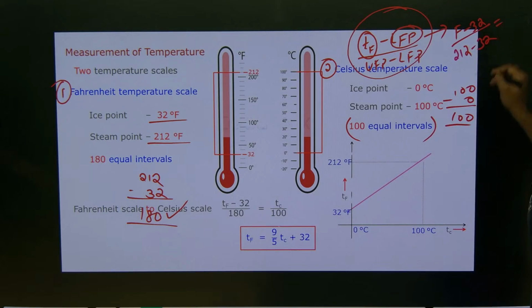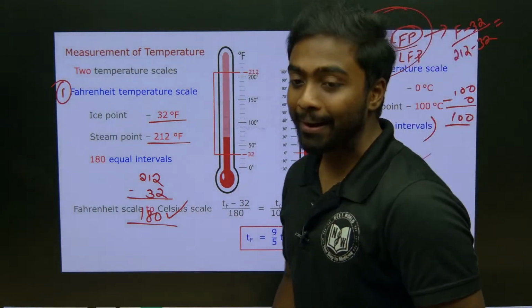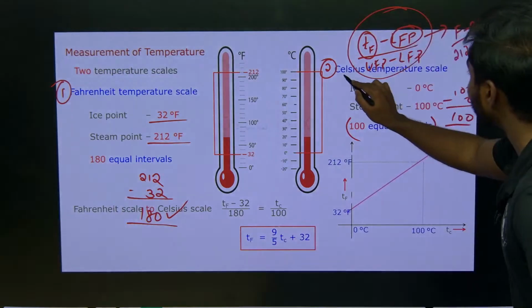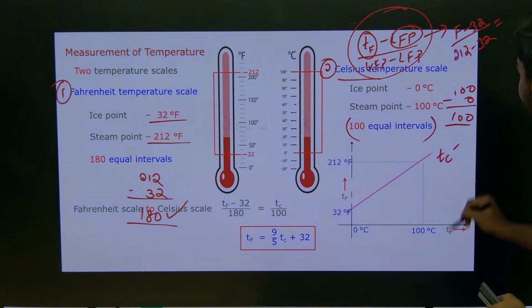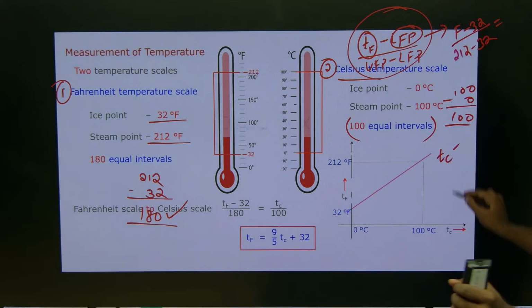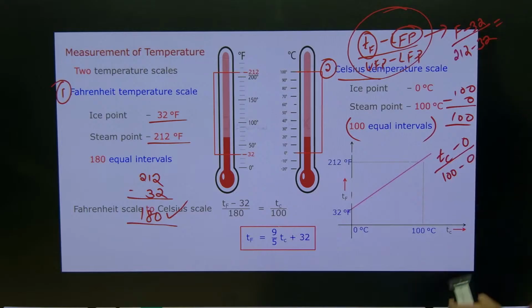This should be equal to the same expression for the Celsius scale. Tc minus the lower fixed point, which is 0, divided by the upper fixed point 100 minus 0.